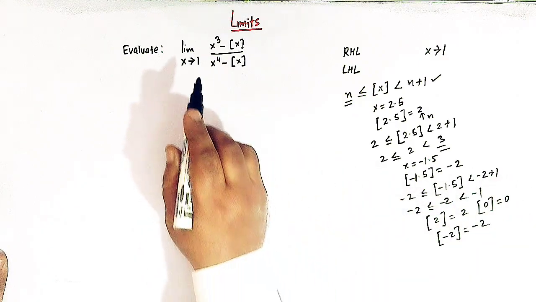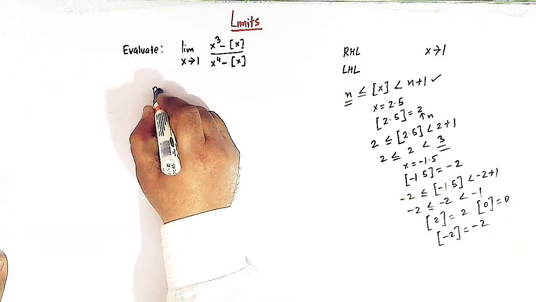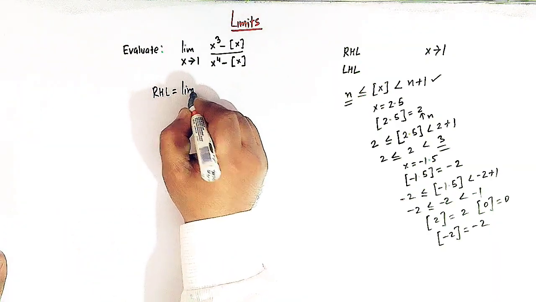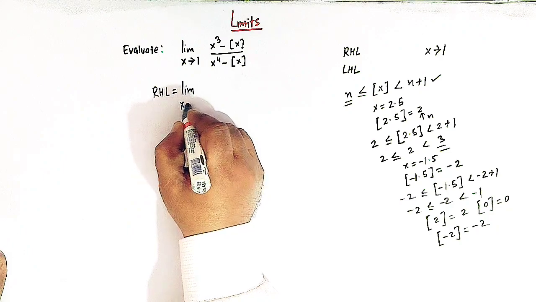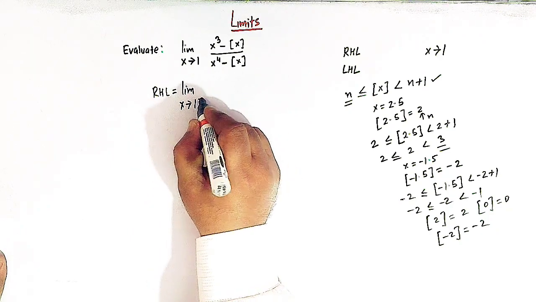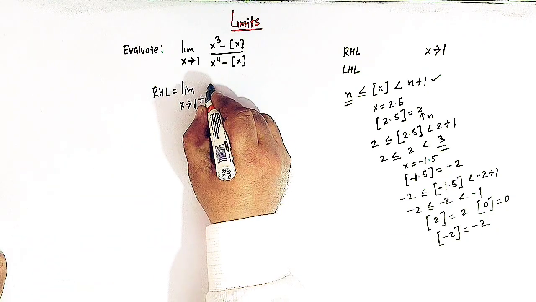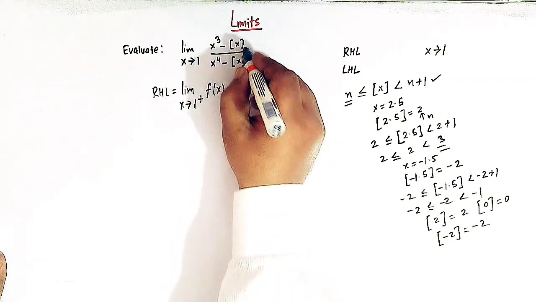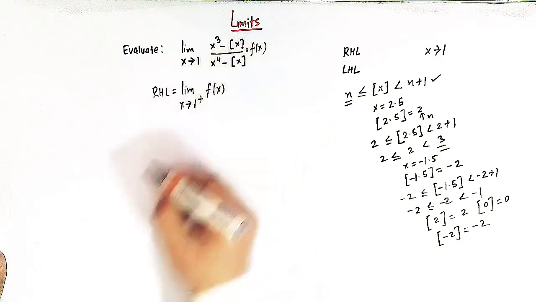So let us come to our problem and find out the right hand limit. The notation for right hand limit is limit x tends to 1 plus, of the function f of x. We can take this function as f of x.